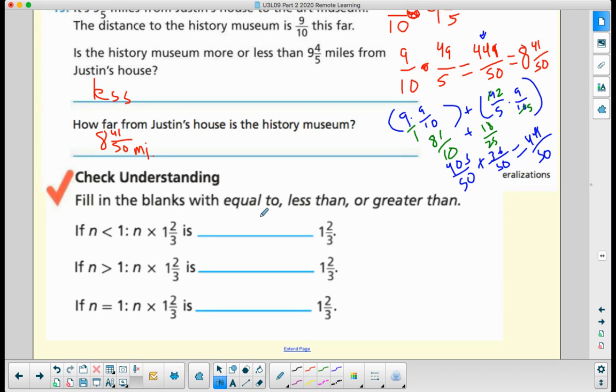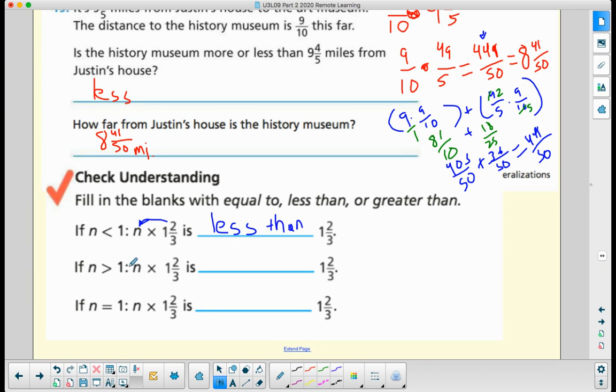All right, fill in the blanks with equal to, less than, or greater than. If n is less than 1, so I'm doing 1 2/3 multiplied by less than 1. If n is less than 1, n times 1 2/3 is then going to be less than 1 2/3, because I have less than one group of 1 2/3.